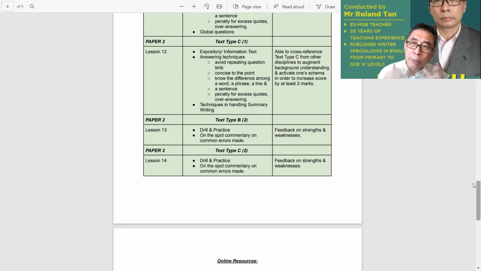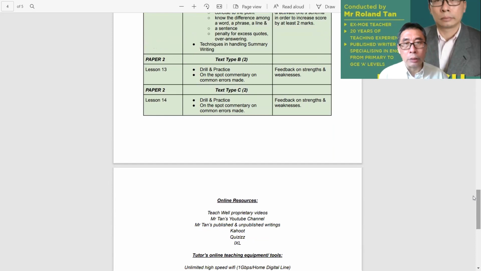And being able to cross-refer or relate back to your previous knowledge on this subject will help you to activate your schema and enable you to increase your score by at least 2 marks.